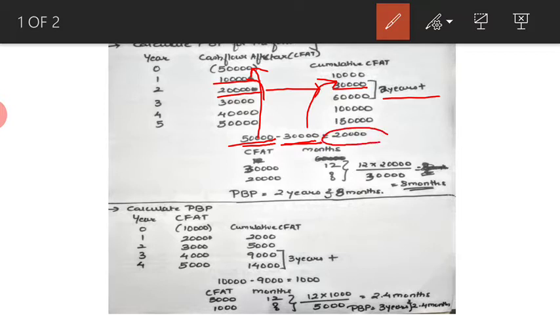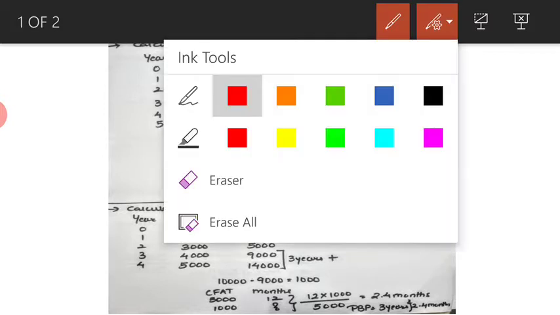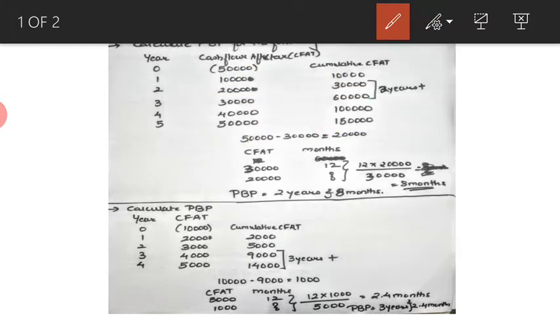So remaining we want 20,000. Now when are we going to collect this 20,000? In the third year. But do we require the entire 3 years? No, because if we consider entire 3 years, then we are going to collect 30,000 rupees for the entire third year. But we don't require 30,000. We just require 20,000 out of this 30,000.